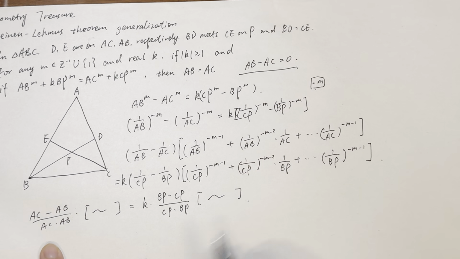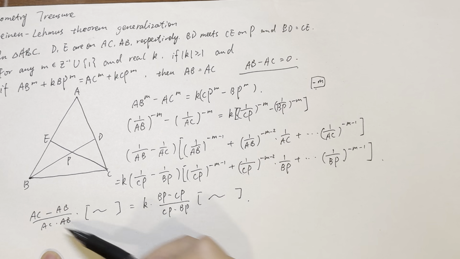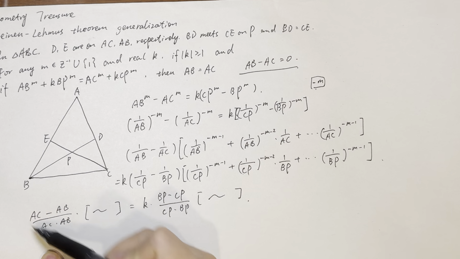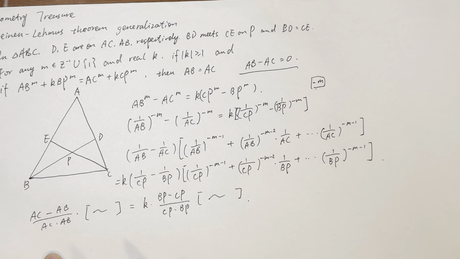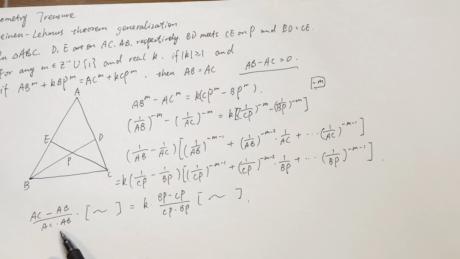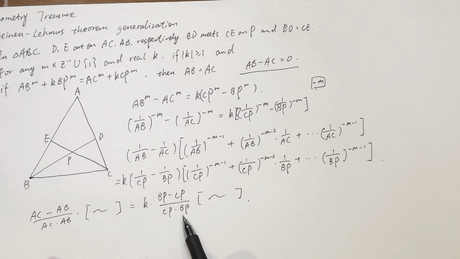So basically, we have this as our problem set. We want to prove that AC minus AB equals 0, which means we need to find the relation of AC times AB, CP times BP, and BP minus CP, right?